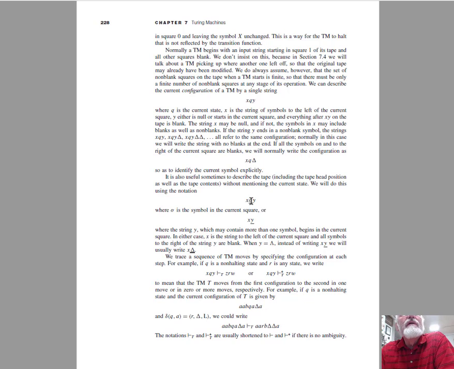Sometimes we write it like this as well. The sigma is sort of playing the role of the state, except we're talking about a different kind of configuration. We're talking about the fact that we've got these letters on the tape before there's a sigma, and then we've got letters in Y after that. And that sigma is the current tape cell that we're looking at.